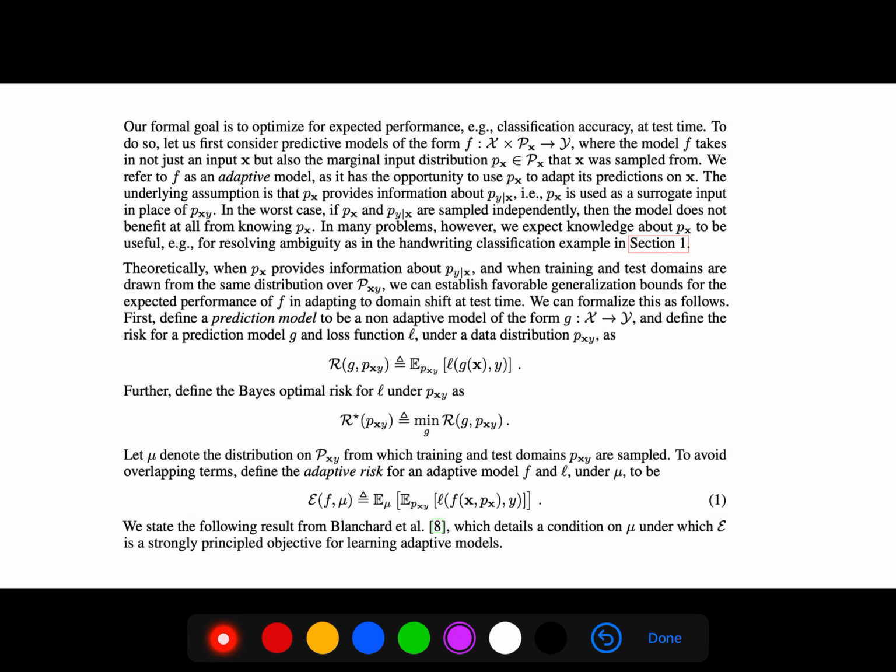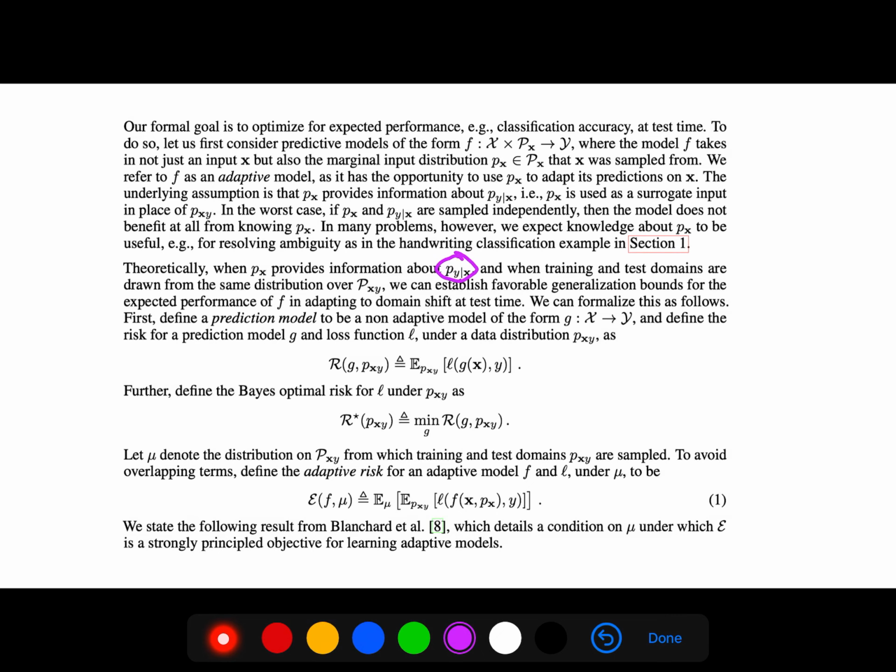So when P sub x provides information about P of y conditioned on x, and the training and test domains are drawn from the same distribution over P, we can establish favorable generalization bounds for the expected performance of F in adapting to domain shift at test time. We can formalize this.